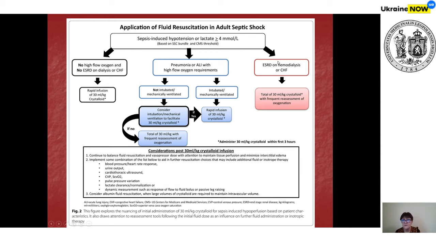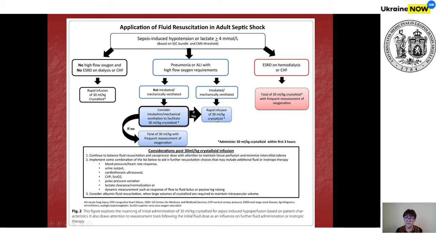In patients with end-stage renal disease on hemodialysis or congestive heart failure, the same amount, 30 milliliters per kg, must be infused with frequent reassessment of oxygenation. If the patient has pneumonia or acute lung injury with high-flow oxygen requirements, if the patient is not intubated, you must consider intubation and providing mechanical ventilation.